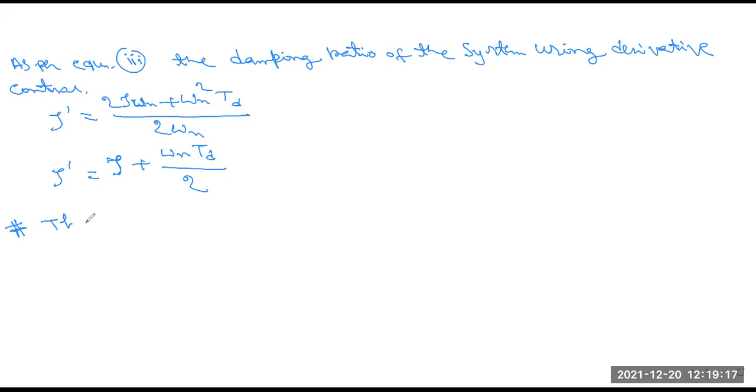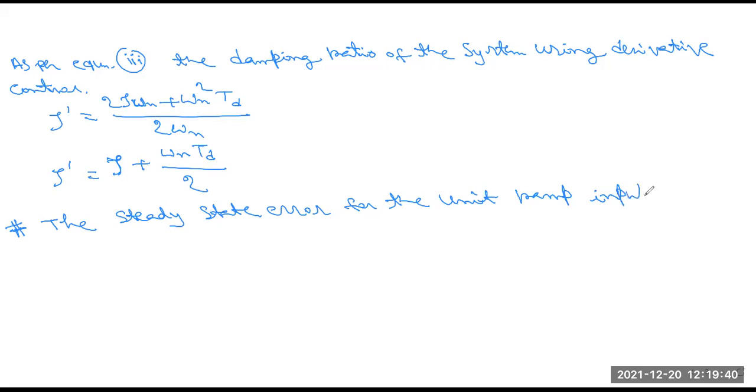Another part: what is the steady state error of this derivative controller part? The steady state error for the unit ramp input function is e_ss, the error of the system, equals limit s tends to 0 of s into E(s). We know this expression.